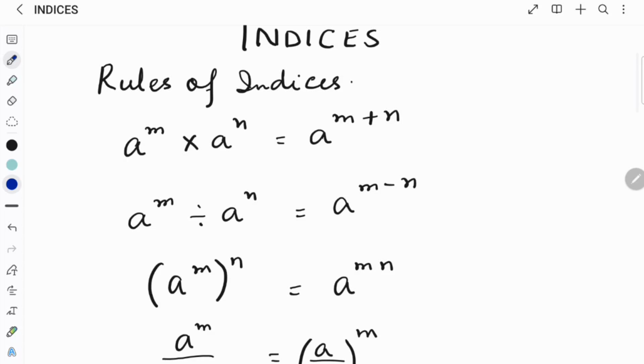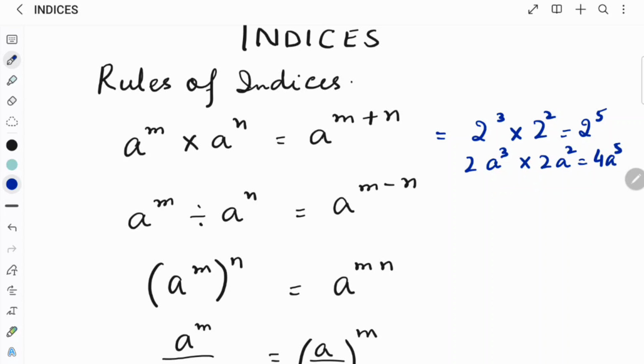For example, if you have 2 to the power 3 into 2 square, then it will become 2 to the power 5. If you have numbers as well, like 2a square, a cube multiplied by 2a square, then it will become 4a to the power 5.